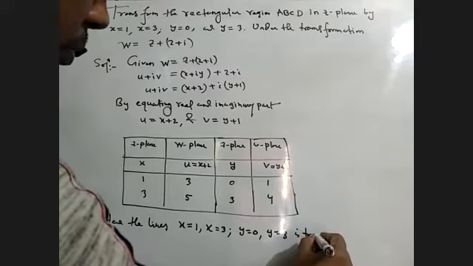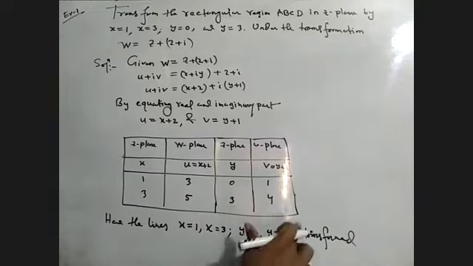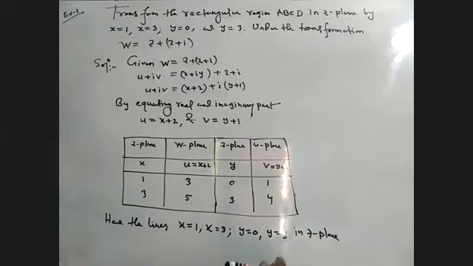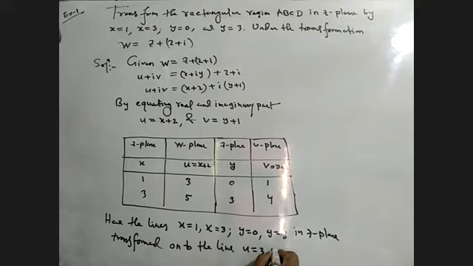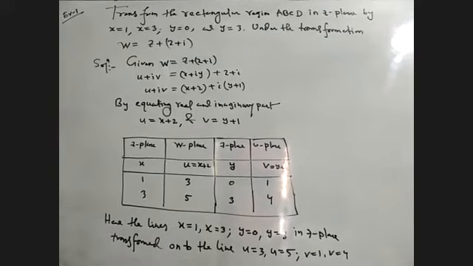These are transformed to the lines u equals 3, u equals 5, v equals 1, and v equals 4 in the W plane.